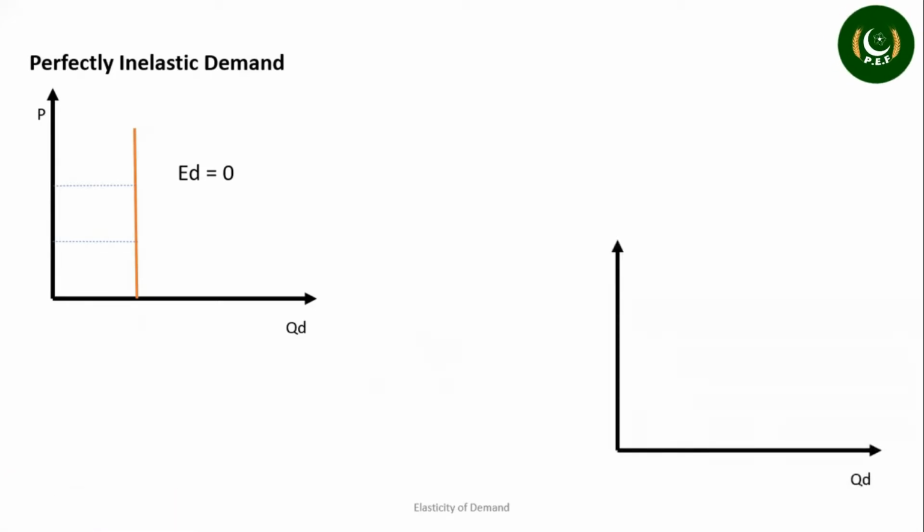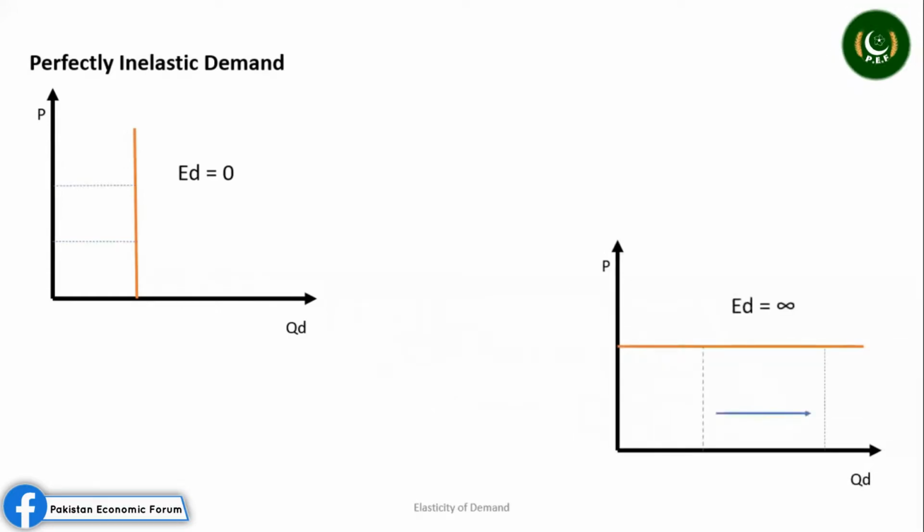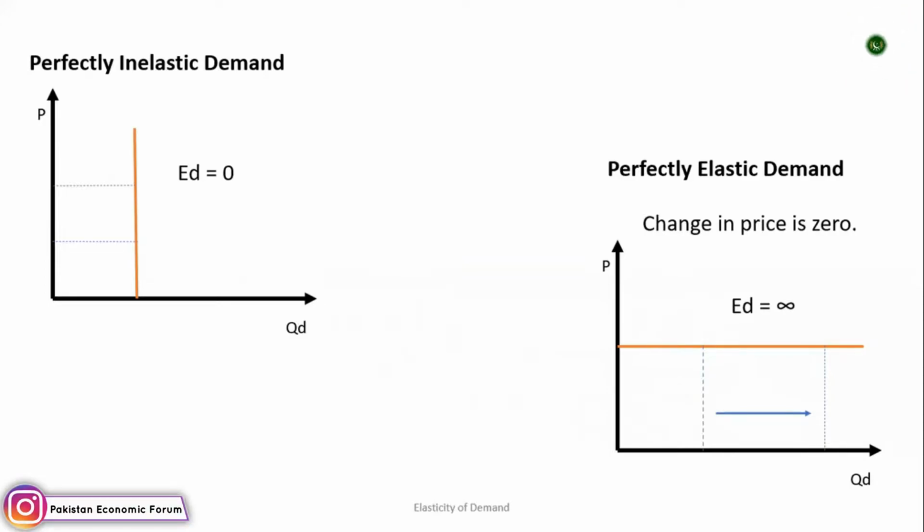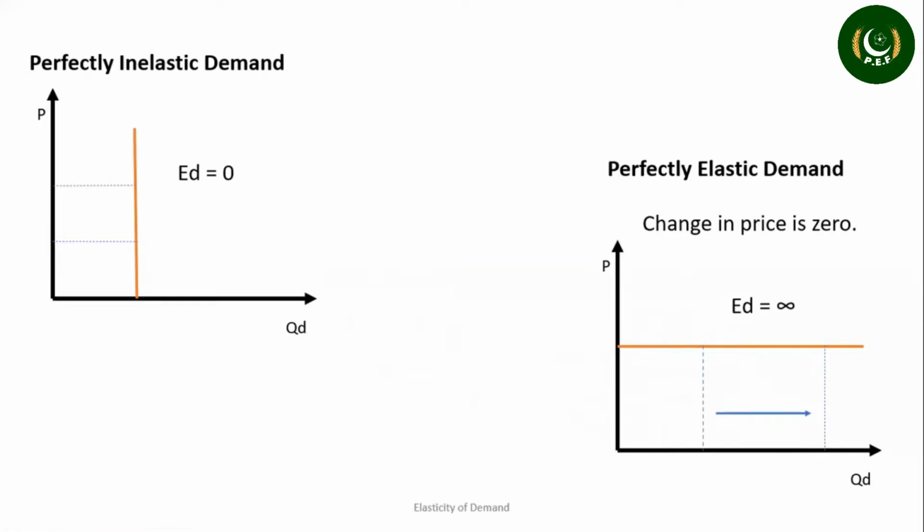Next is just the opposite case, in which the demand curve is parallel to the x-axis. Here the price remains the same no matter what quantity is demanded. Since the change in price is zero, the elasticity is infinite.